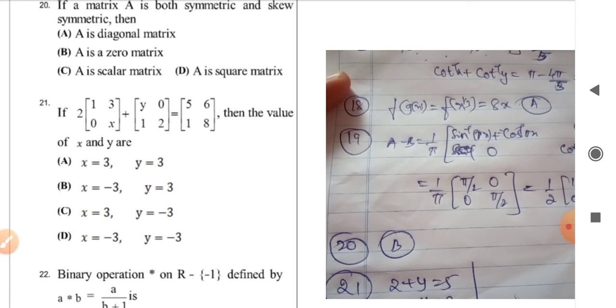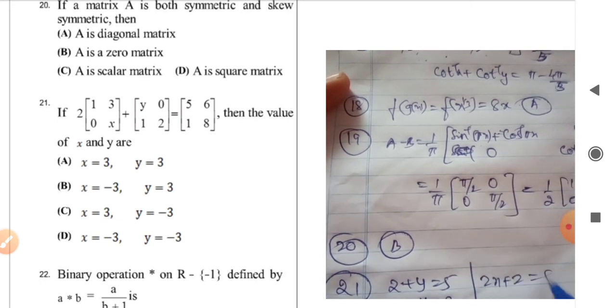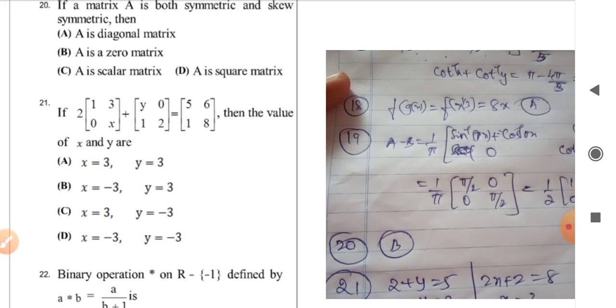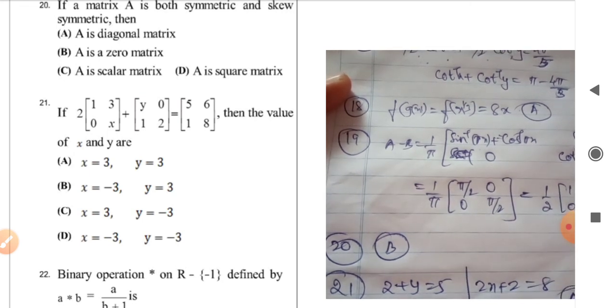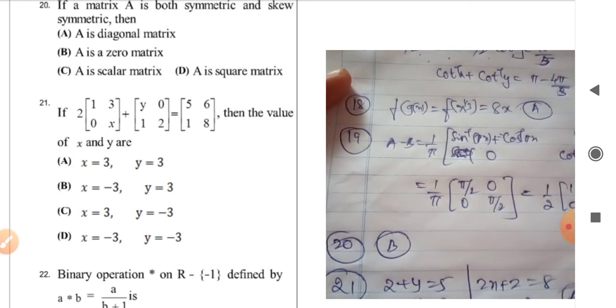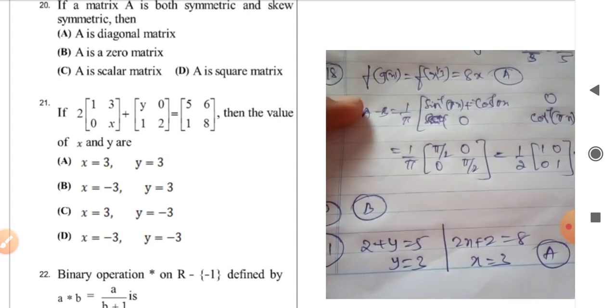And the second one is 2x plus 2 equal to 8, hence x equal to 3. So x equal to 3, y equal to 3, and the answer of this question is A. So look at this, very easily you can finish these papers within a short interval of time.